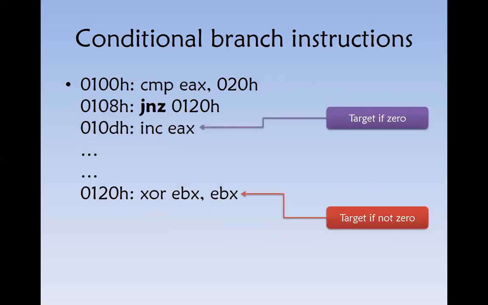Now conditional branch instructions, let's look at this particular case. You're comparing EAX against 20 hex, and if it is equal to 20 hex, then jump to a particular hexadecimal location. If it turns out that EAX is equal to 20, then this is the branch target; otherwise this will be the branch target.